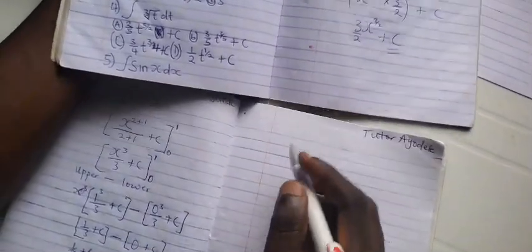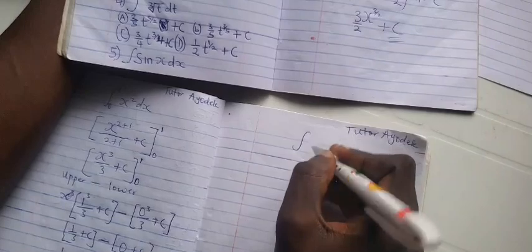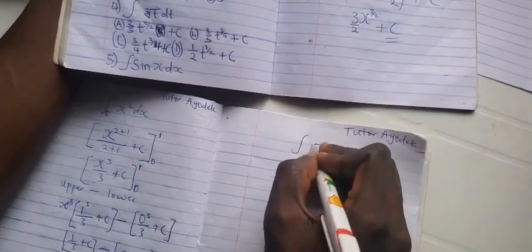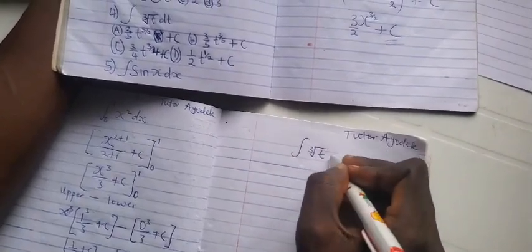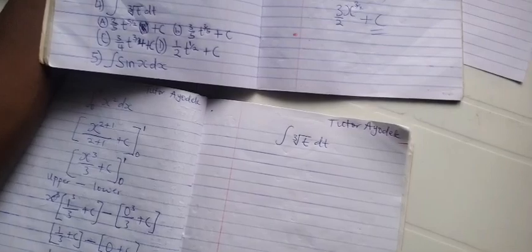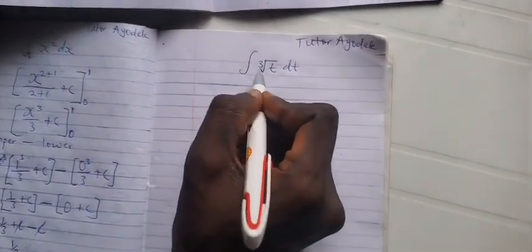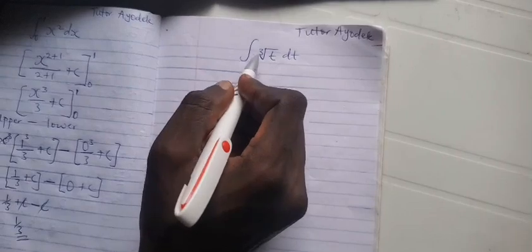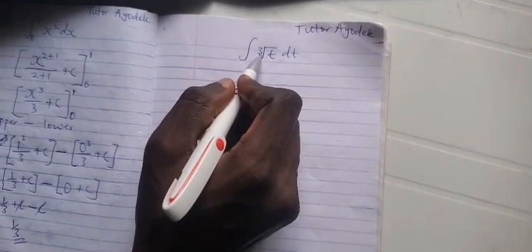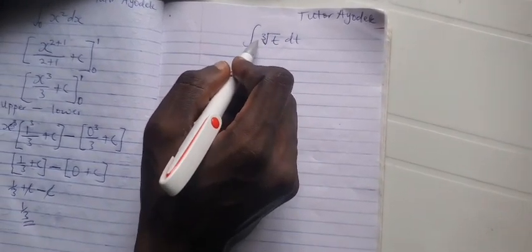We're given that we have to integrate this t dt. Take note of something. This cube root is under this space, not outside.